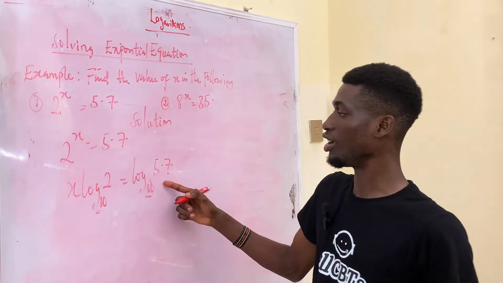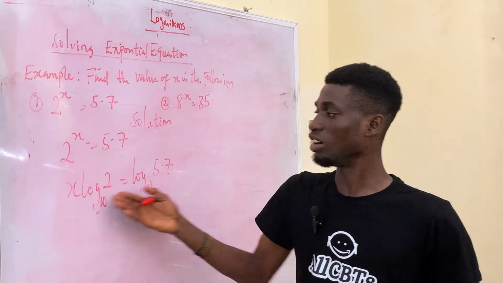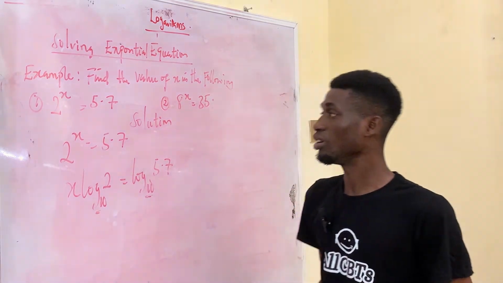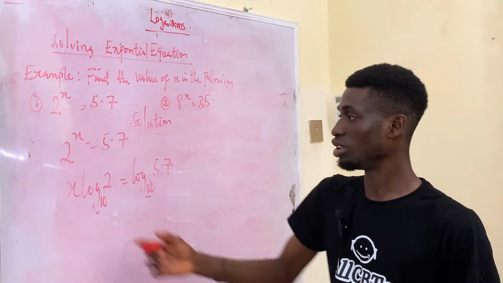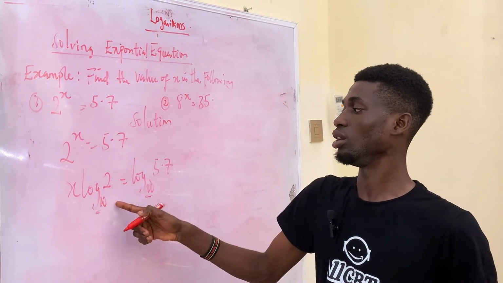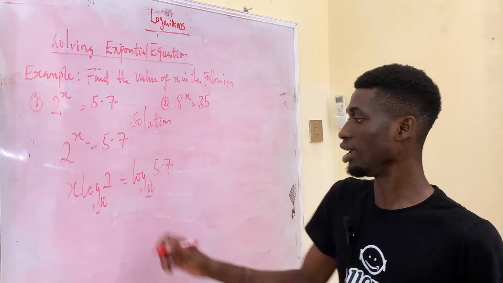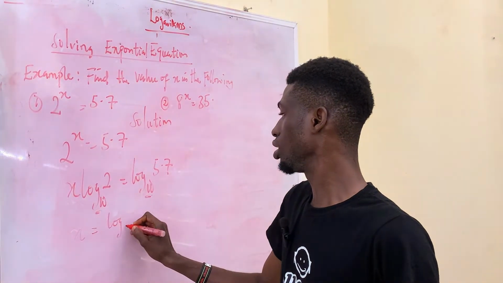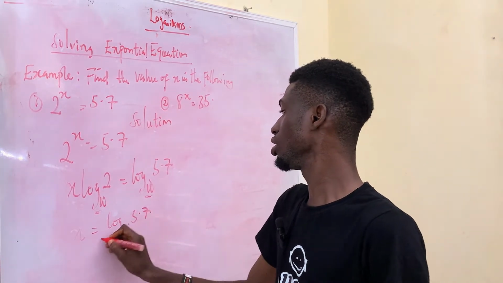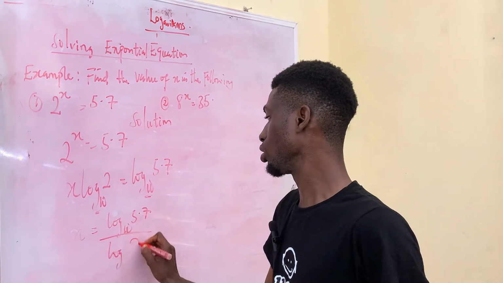So we are looking for x. Once you have taken log of both sides, you see that you're almost done with the question given to you. So what is disturbing x here? Log 2. So you divide both sides by log 2. So x equals log 10 5.7 over log 2.